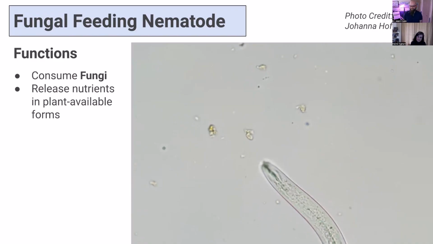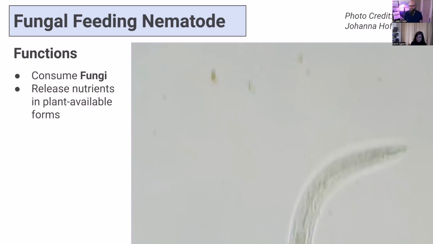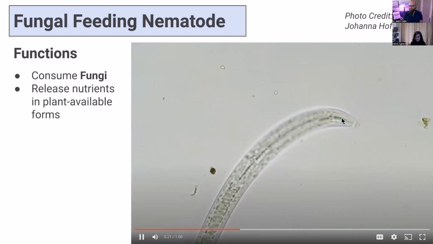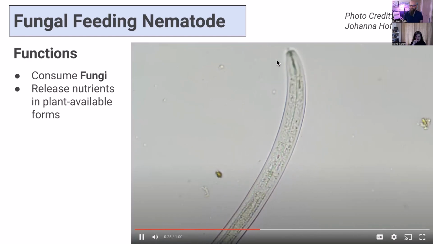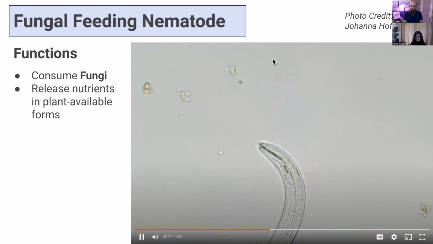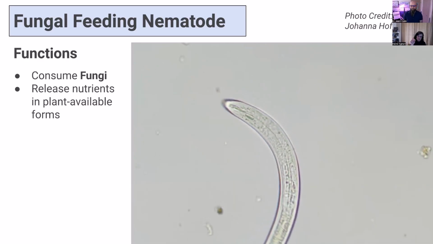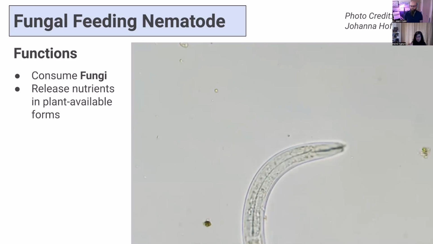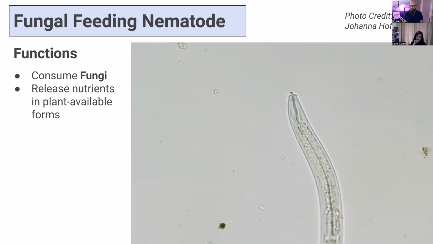You can see where it sticks a little bit of its spear out of its mouth, that darker, crystallized material at the tip, up by the mouth. You can see that it's perfectly capable of finding a fungal hypha, penetrating the fungal wall, and then sucking out the nutrient content inside that fungal hypha.